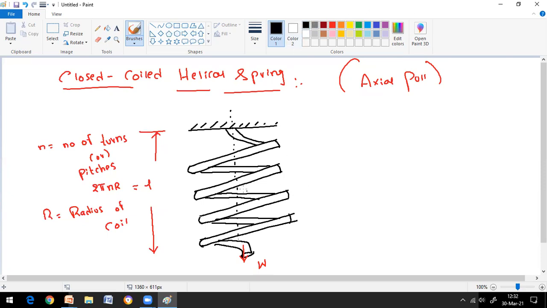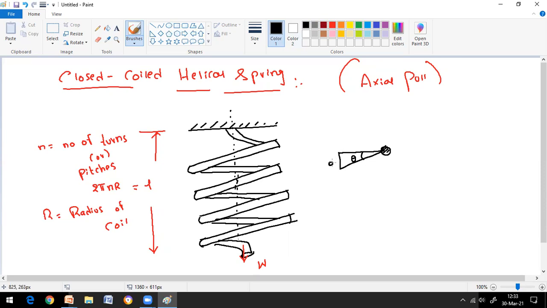If you cut the section here and draw the portion of the spring like this, when it is subjected to pull, a twist takes place with respect to the angle of each ring.